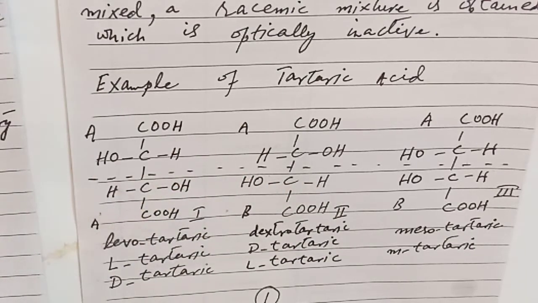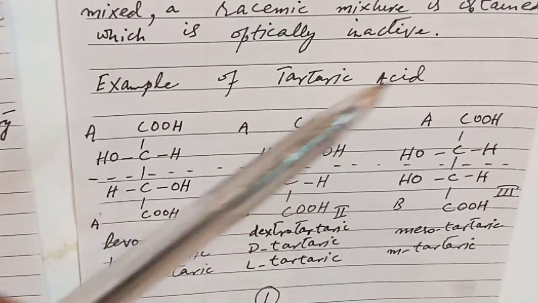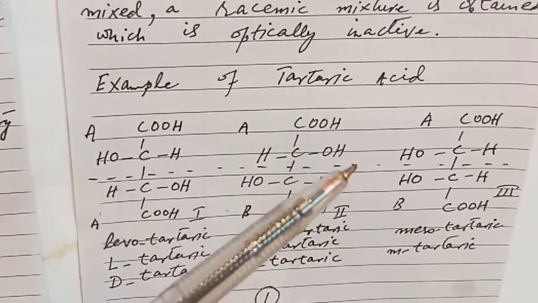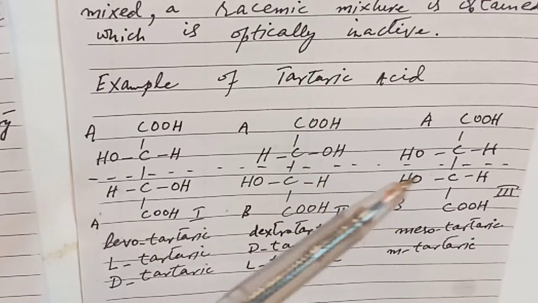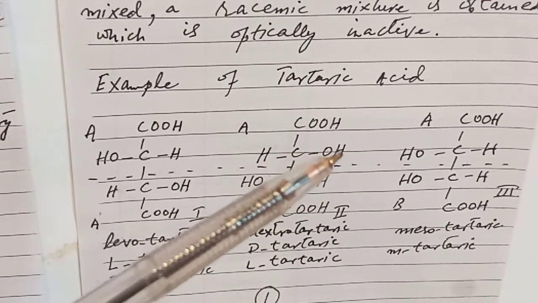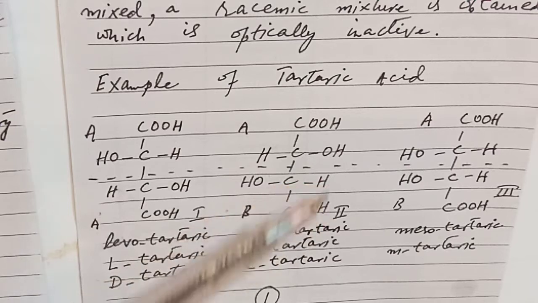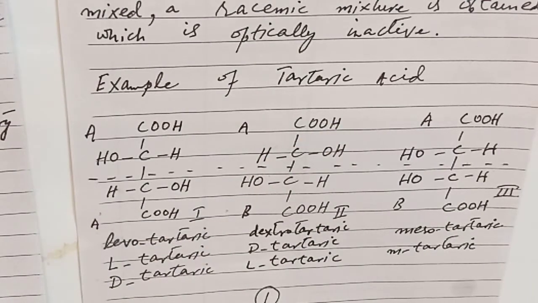So here is the third category, which is optically inactive because the A and B groups rotate equally but in opposite direction. The third is optically inactive because of internal compensation, that is, a plane of symmetry can be passed through it.